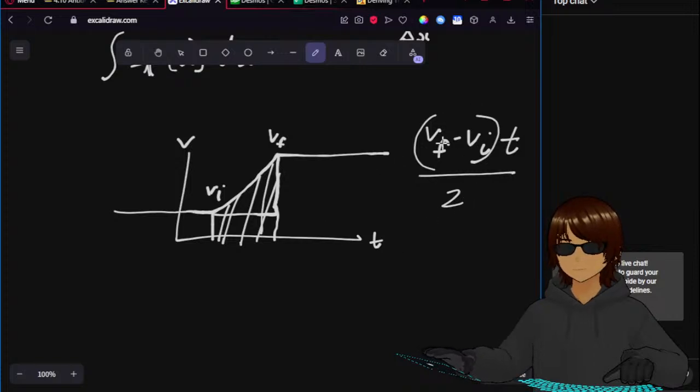So it's this plus vi times t, and then together it would be vf plus vi.